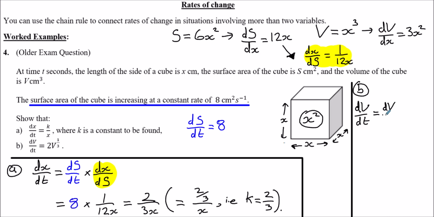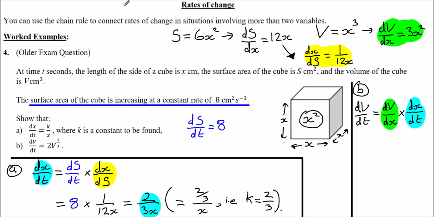So dv by dx, I want a dt on the bottom, so leave that as a dt on the bottom. And because I've just found out from part A what dx by dt is, we can use that for part B. Because we've got that dx by dt is 2 over 3x, we can just infill this into this expression, and dv by dx we worked out from before is 3x squared.